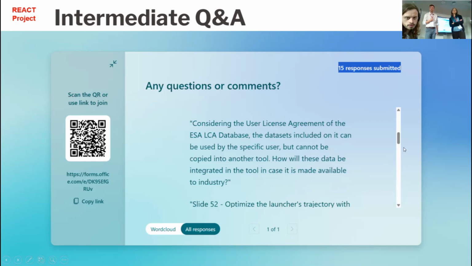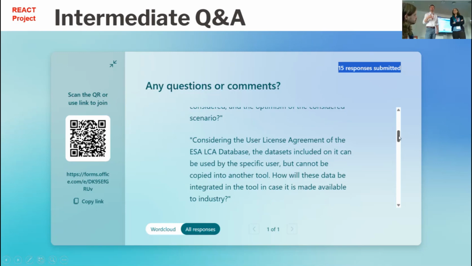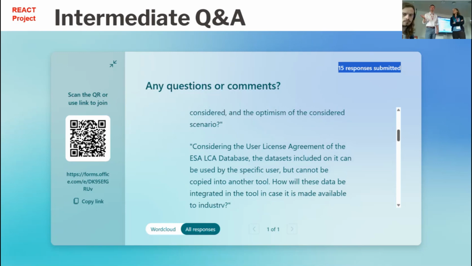There's a question about how the ESA database is shared with the tool. Right now, the ESA database is in the tool with us, but for the beginning, we will not disseminate the tool itself.